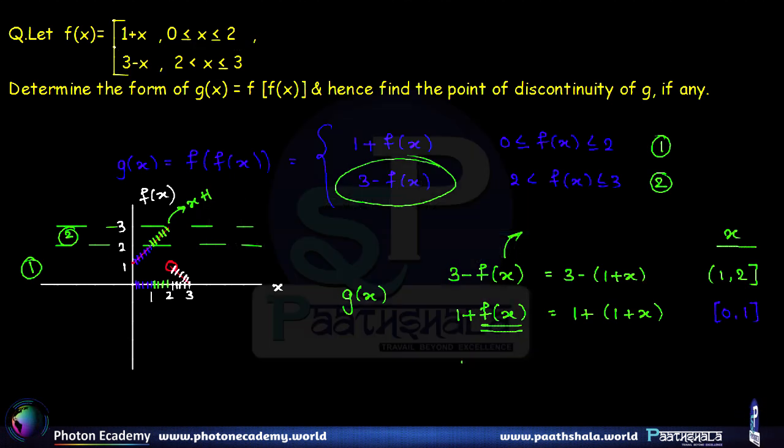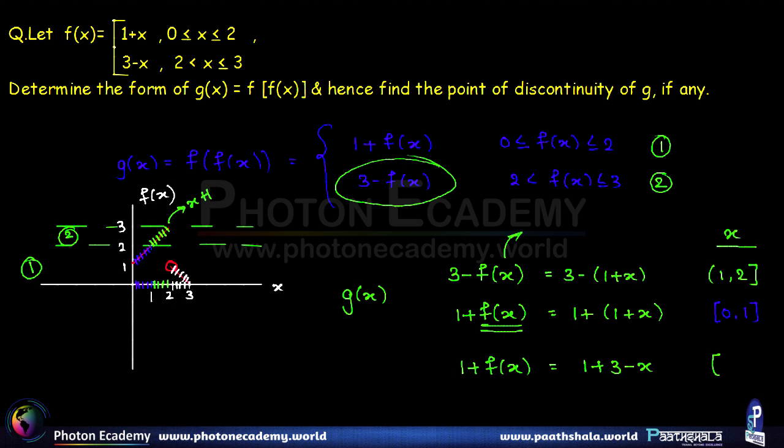So it is 1 plus f of x, that is equal to 1 plus 3 minus x, and it will be from open interval 2 to closed interval 3. Okay, so g of x is basically now defined in this way.